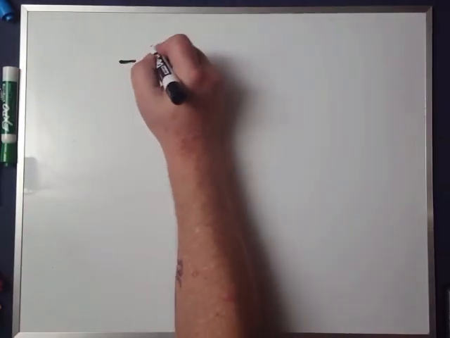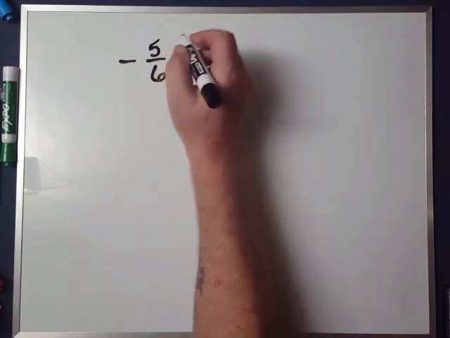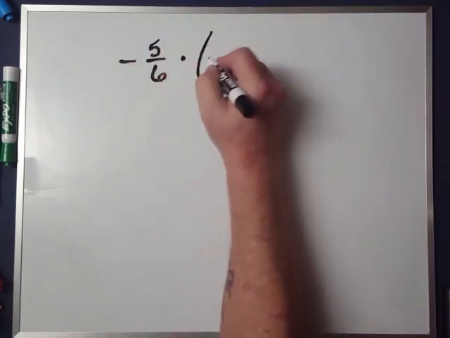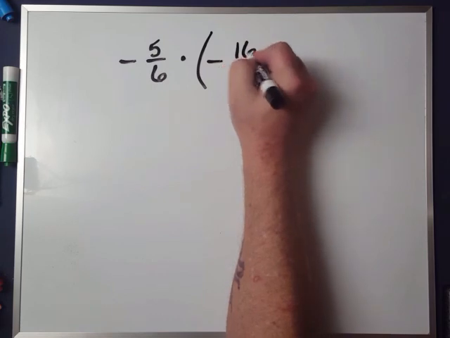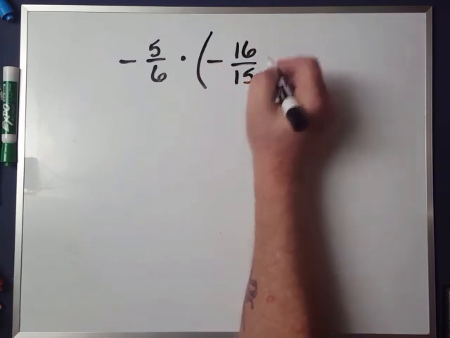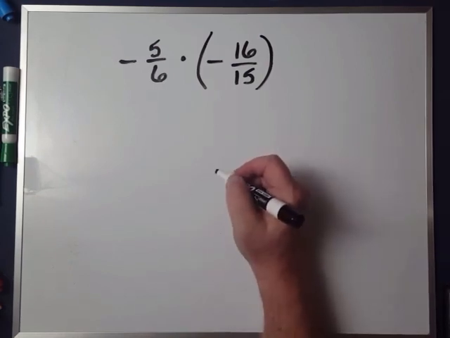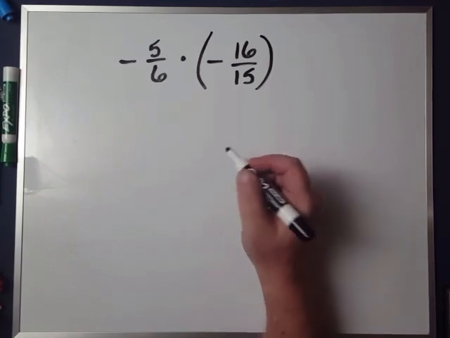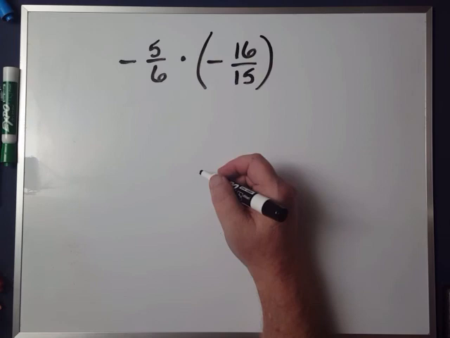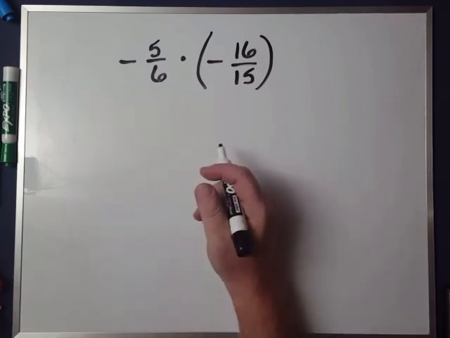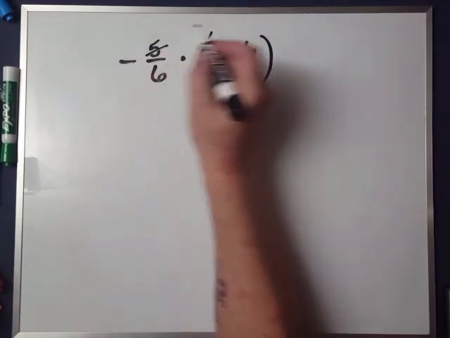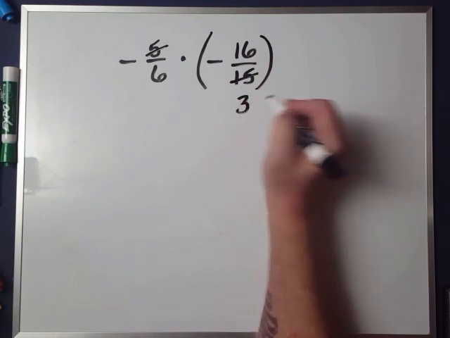Not only are we dealing with signed numbers, but here we're also looking at fractions. To multiply fractions, we can check for cross-canceling, and then we will multiply the tops, multiply the bottoms. Will anything here cross-cancel? 5 goes into 15 3 times.